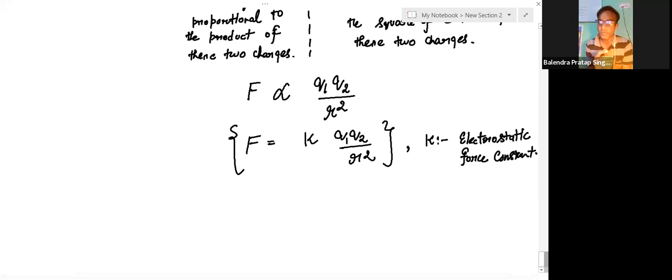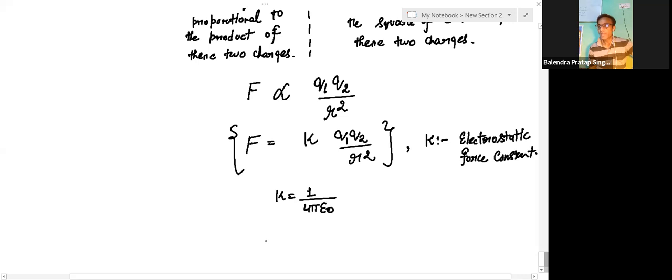And what is the value of this K? In vacuum we define K is equals to 1 upon 4 pi epsilon naught. It's a constant, and it has the value 9 into 10 raised to the power 9. And what is the unit of this K? Newton meter square per coulomb square. So this is the value of K.